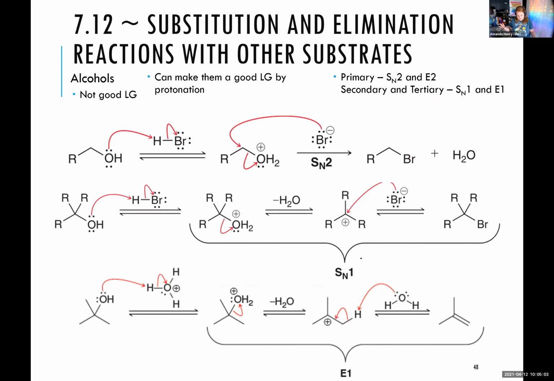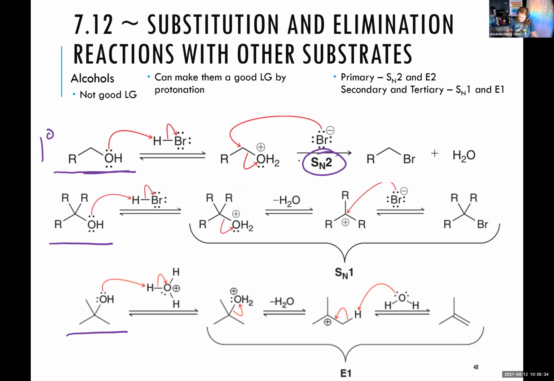This slide's going to look busy, but it's because I wanted to fit everything in one spot because they're very related to each other. This is also a way for us to react alcohols. So notice that in each of these, we're starting with an alcohol. In the first one, we have a primary alcohol, and it's going through an SN2 pathway.